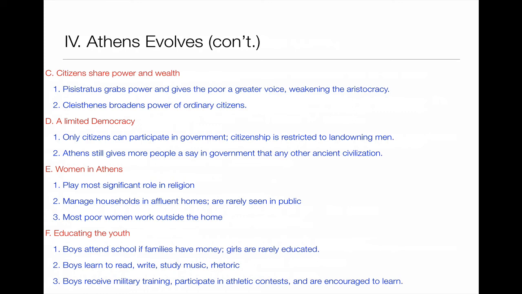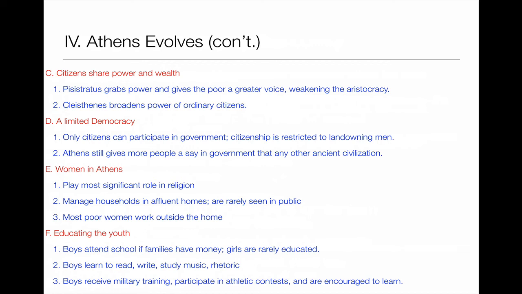However, this is still a huge step forward for the idea of democracy, because Athens is really the only one who gives citizens rights to vote. Most other instances are more like Sparta, where it's an oligarchy run by the elders of the city-state.